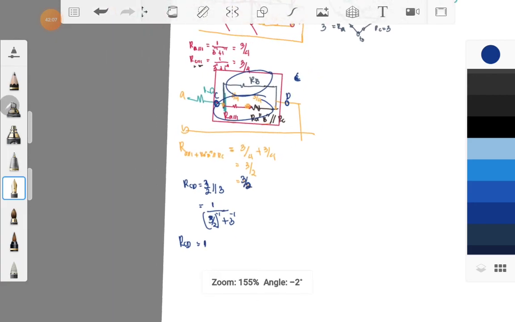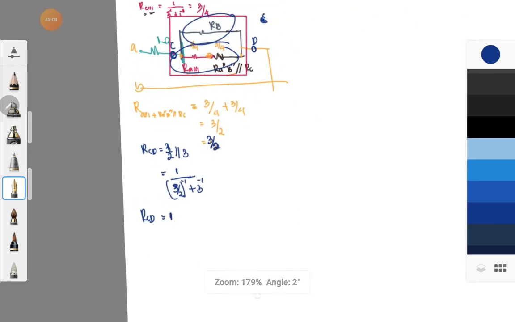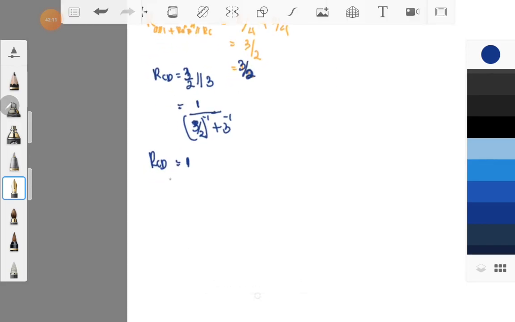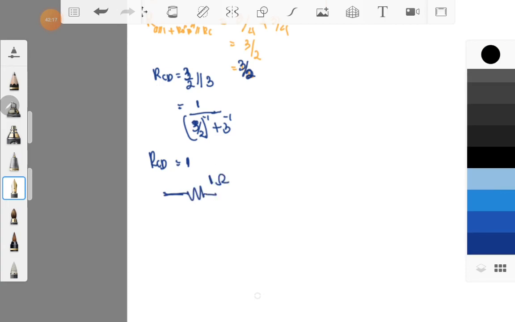Okay, since RCD is equal to 1, I may say that the final connection of your RAB has our 1 ohm, and this will be your RCD, which is equal to 1 ohm.